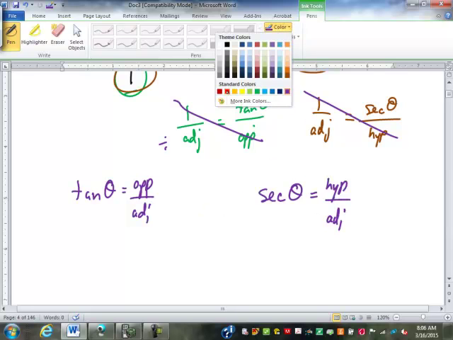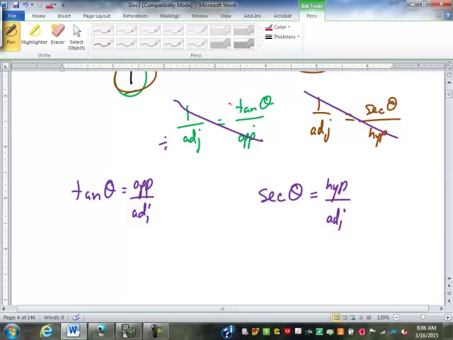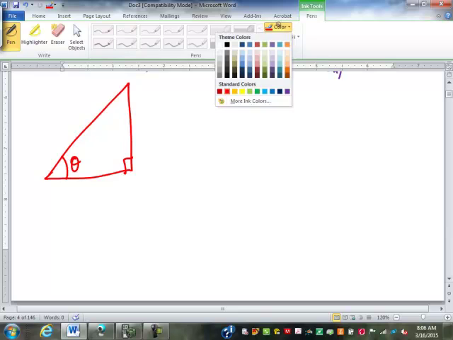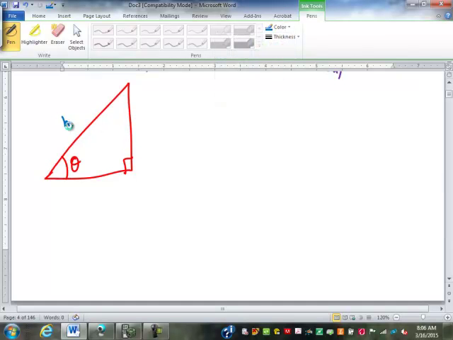So let's list all these out. I know we've put a lot of junk up here. Let's list this out now in terms of a simple right triangle. So here's our right triangle. Here's the angle we're interested in. Again, we'll label this. The hypotenuse is always the easy one to find. This is which side?